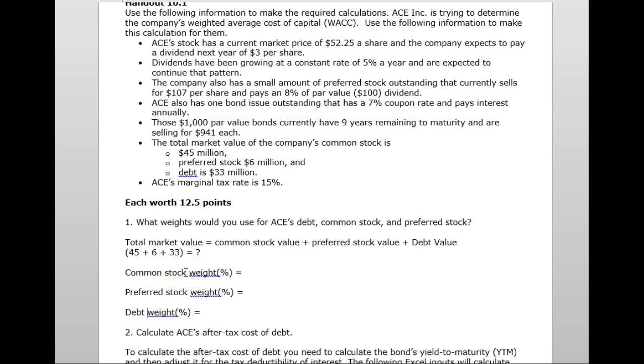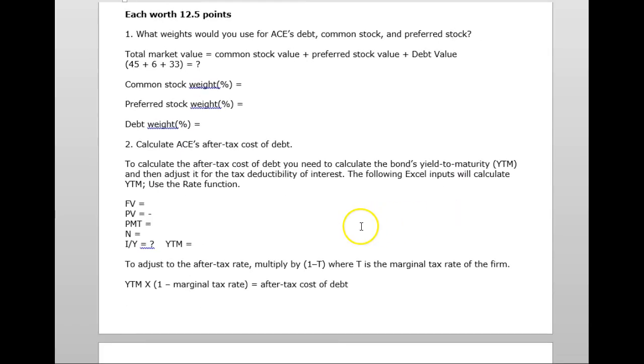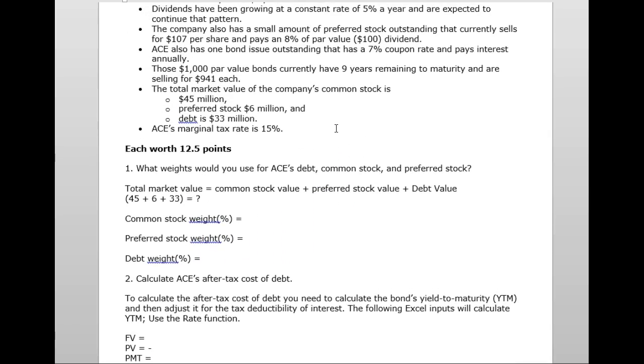After we get that weight, we're then going to calculate the interest rate or the rate that is returned by these three items, okay? What is the interest that is needed to support preferred stock? The interest or dividend that's needed to support common stock. That's what we're going to look at, and it's a really important concept.